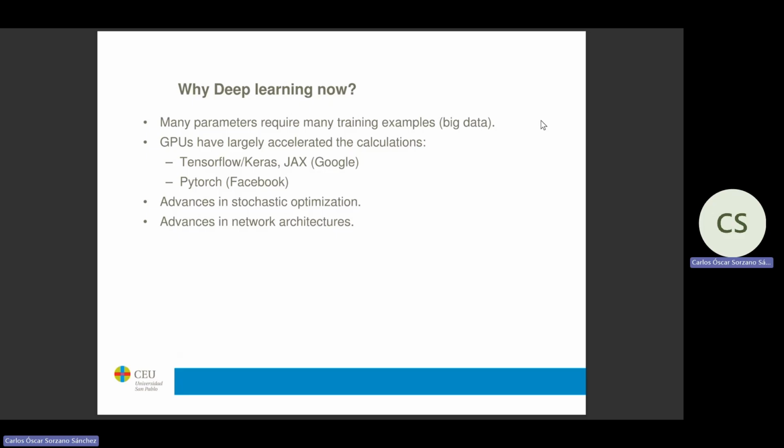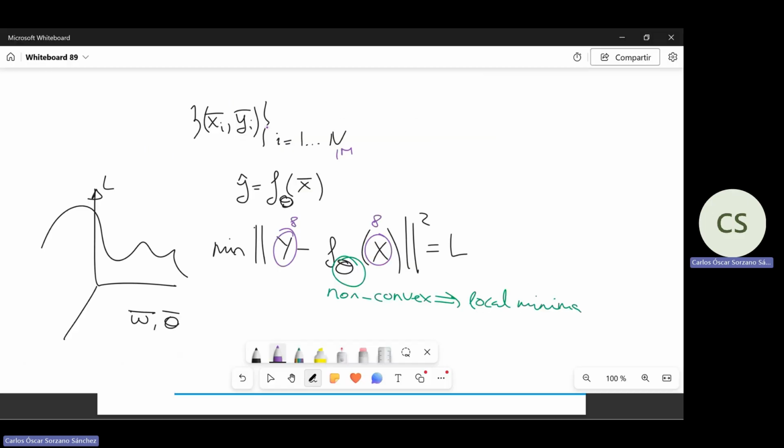And now we have many domains in which you have such a big amount of data. The other important factor is that you have to do a lot of calculations. All these calculations can be done in parallel because each one of the columns of these matrices can be processed independently.